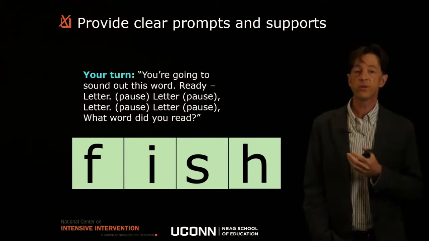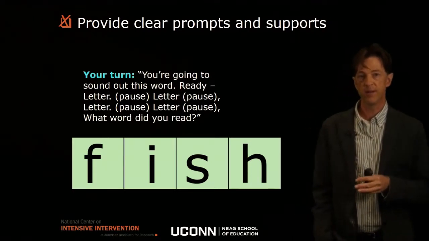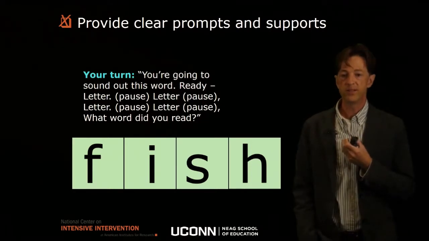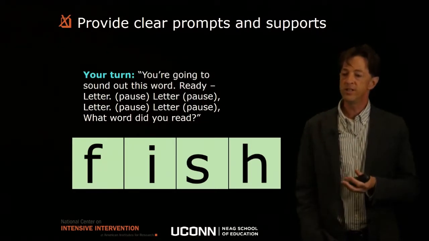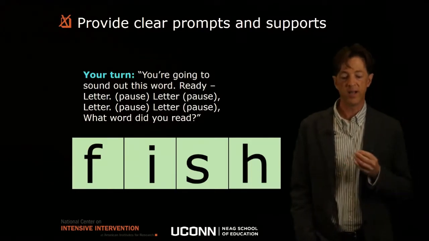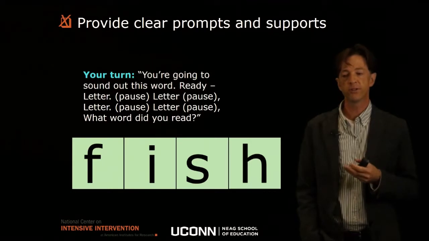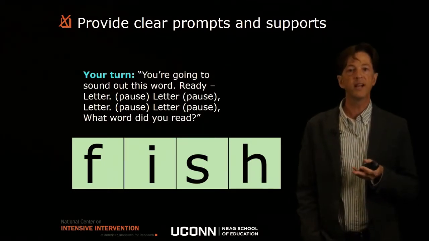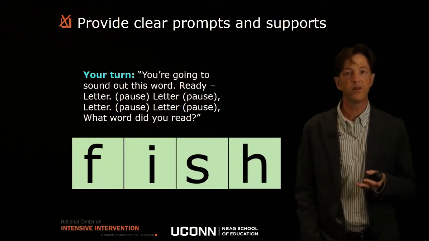The next thing is looking at whether we're using the material supports in a way that's going to be helpful for students. So we have one letter in each box, and so we have F-I-S-H, fish. But when you think about it, we've been using these boxes to represent each sound. So in phonemic awareness, we talked about that if there are 3 sounds in a word, we would have 3 boxes. But here we have S and H in separate boxes, and really SH just makes one sound, sh.